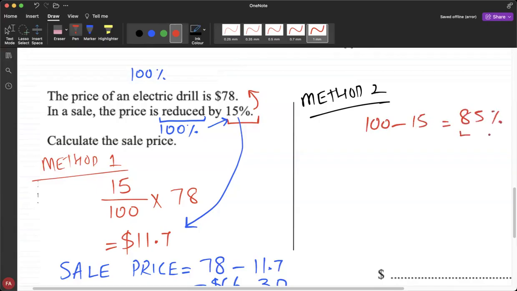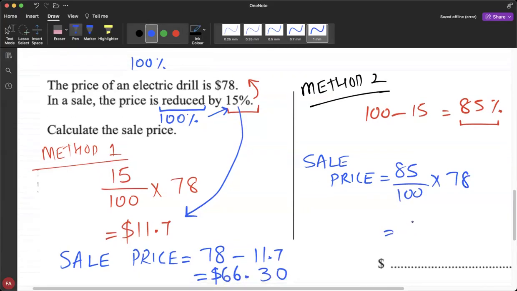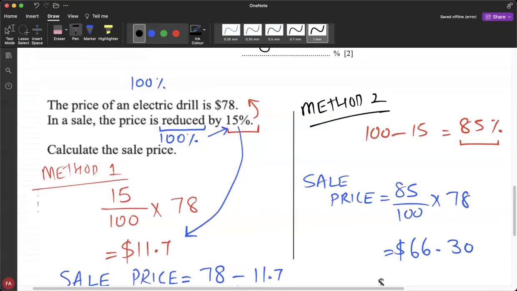That means over the counter, I'll be paying 85% of the price. So I can easily calculate the sale price directly, which is 85 over 100 times $78. I can guarantee you that it does give you the same answer, 66.30 directly.